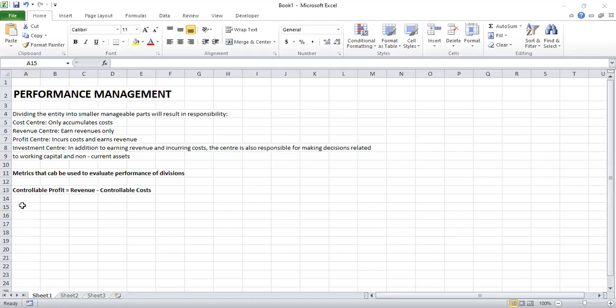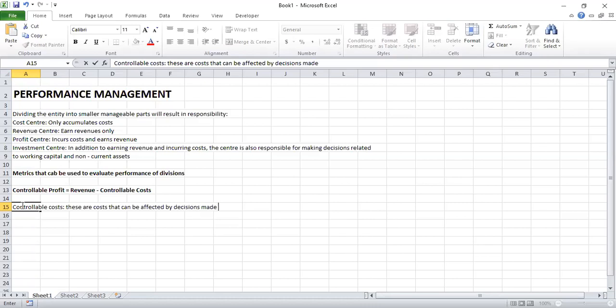Controllable costs are costs that can be influenced, affected by decisions made by the division's management.